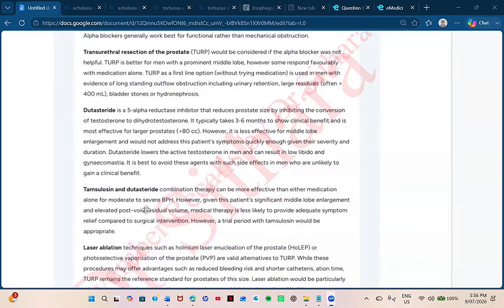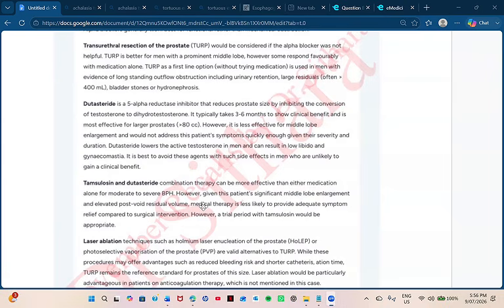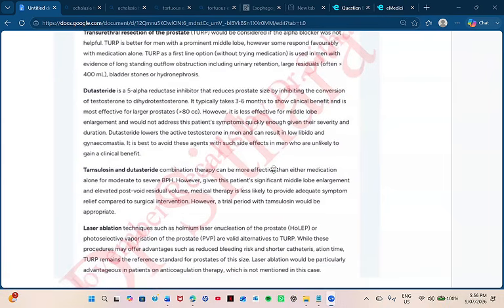Now, tamsulosin and dutasteride. Combination therapy can be more effective than either medication alone for moderate to severe BPH. However, given this patient's significant middle lobe enlargement and elevated post-void residual volume, medical therapy is less likely to provide adequate symptom relief compared with surgical intervention. However, a trial period with tamsulosin would be appropriate.